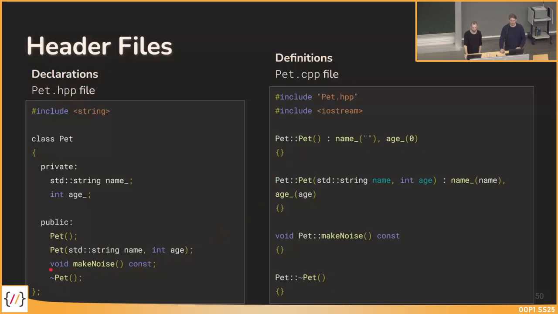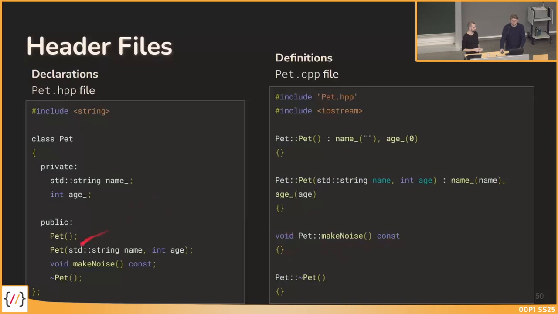So if you declare a getter that is const, for instance, like this method here, this make noise, you declare it in the HPP, and you write const after the function. And in the CPP file, just write pretty much the same, except adding the namespace of the Pet. But you just write const here, and here you have your function body where you can implement.